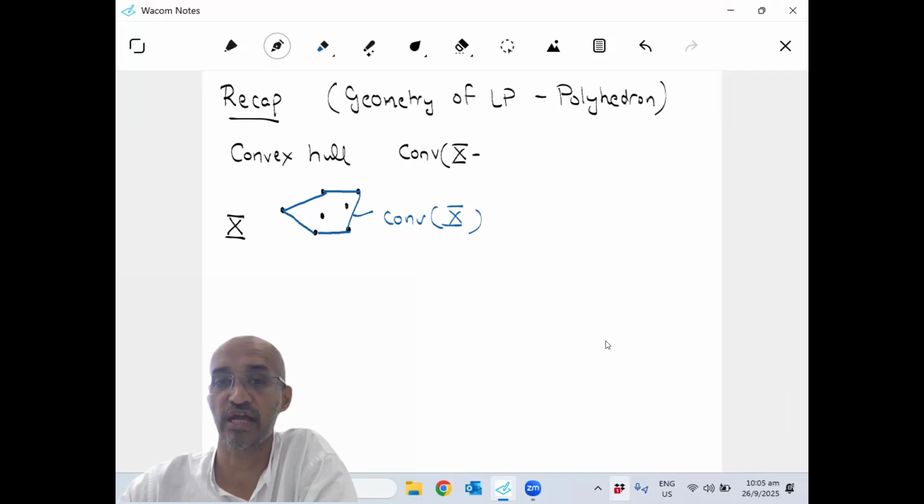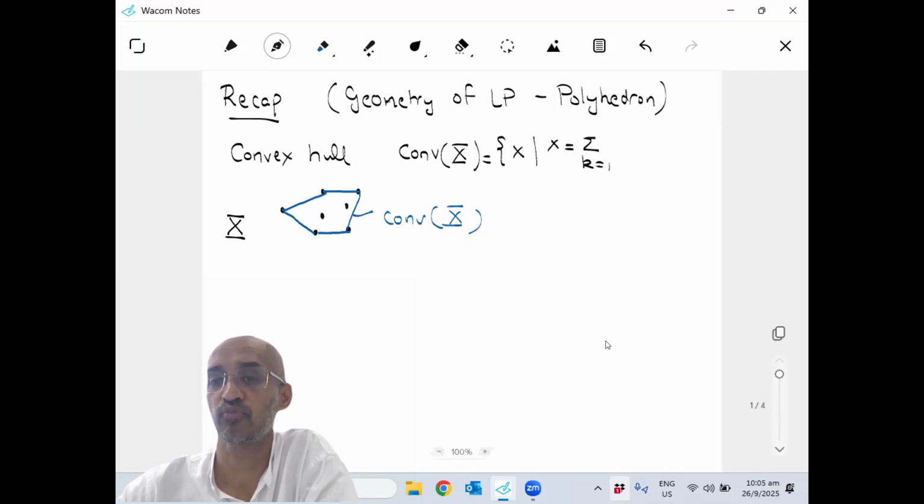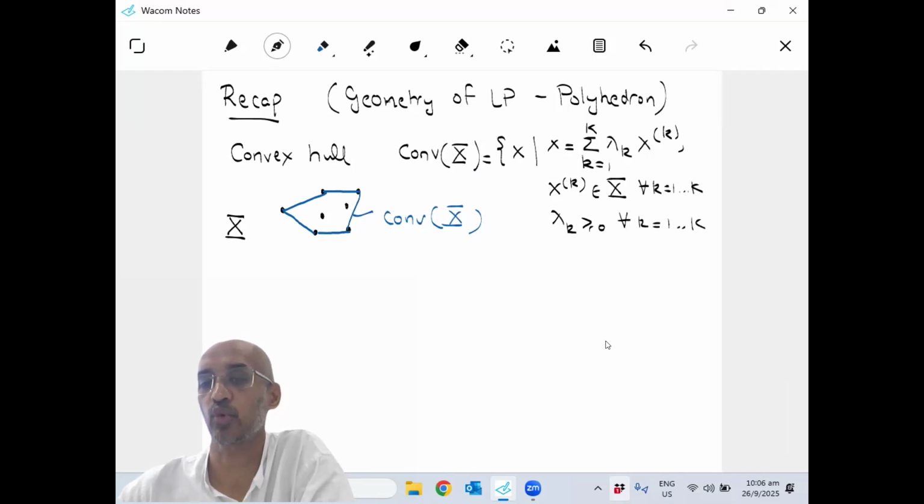Again, this is recap from last class. The definition of the convex hull of a set X is all points x such that x is given by some convex combination of the points x_k, where x_k lie in the set X for all k. These lambda_k's are non-negative for all k, and they add up to 1.